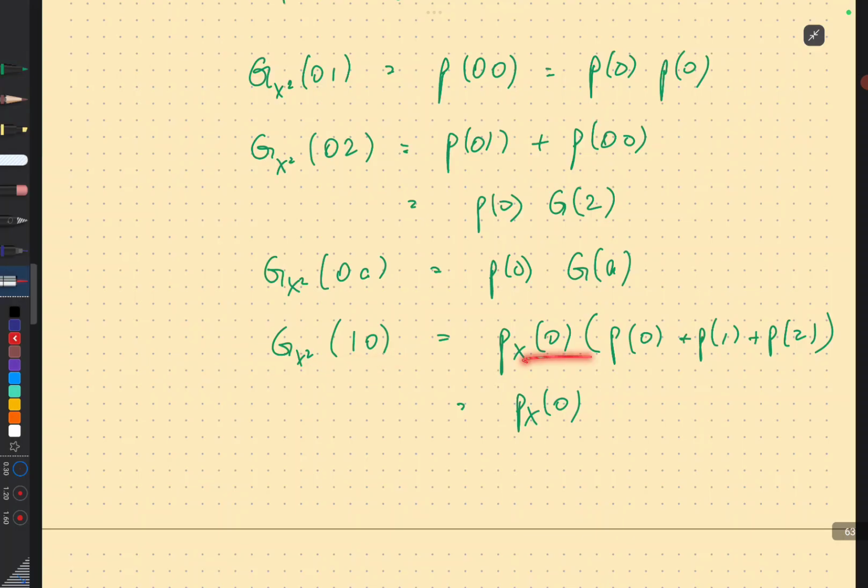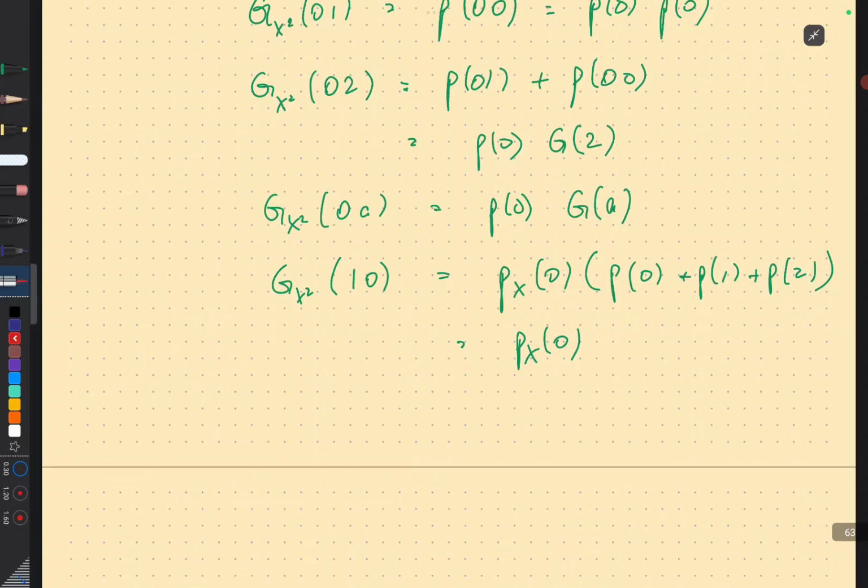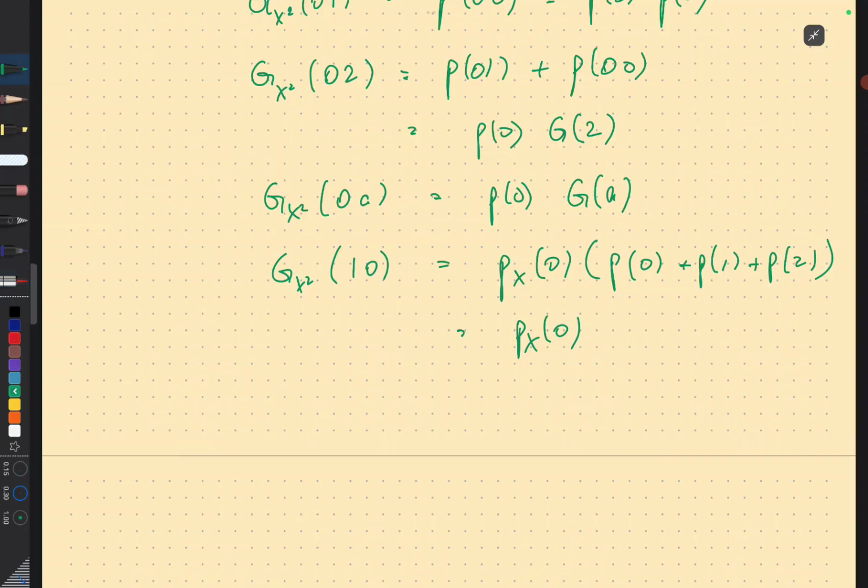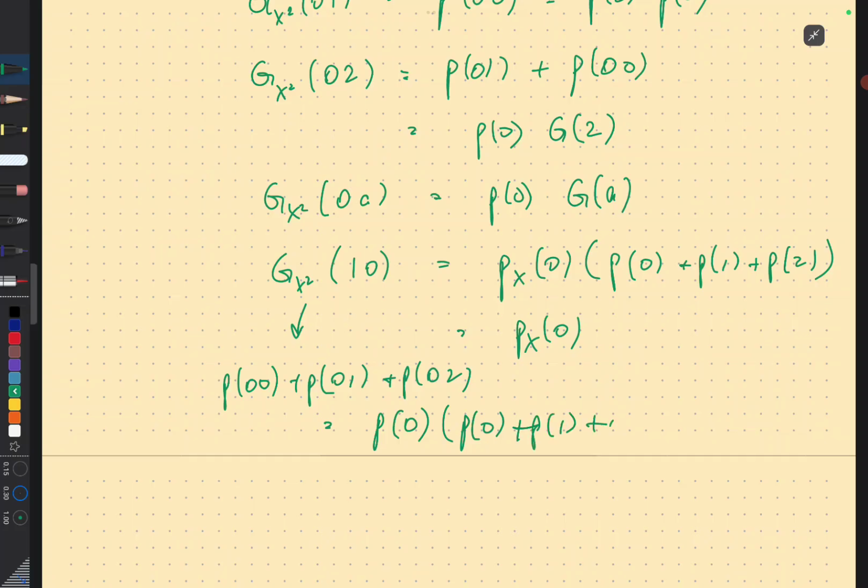So this quantity is P of 0 0 plus P of 0 1 plus P of 0 2, because these are the sequences which are less than 1 0, which is just P of 0.